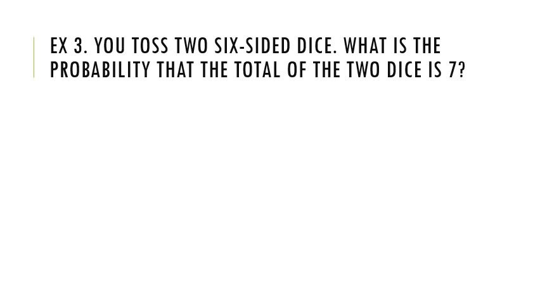So we could get 1 and 6, we could get 3 and 4, and we could get 2 and 5. And that's it. But we could also get 5 and 2, 4 and 3, and 6 and 1. So first dice and second dice. So there are a total of 6 ways.